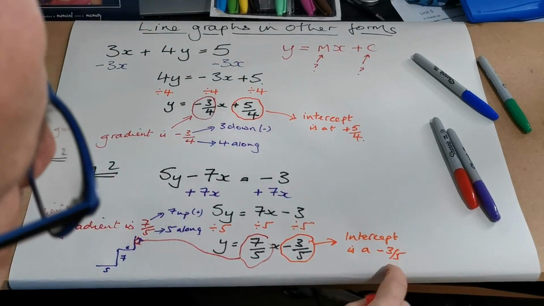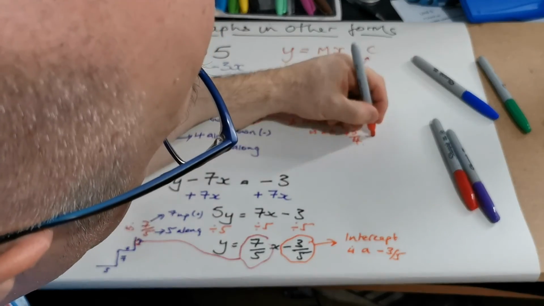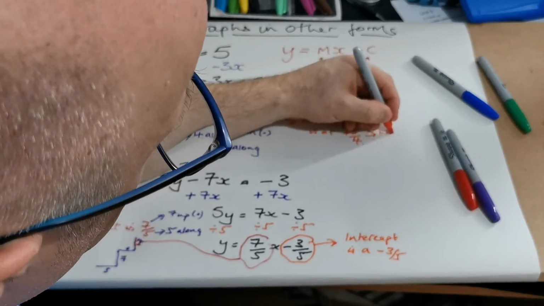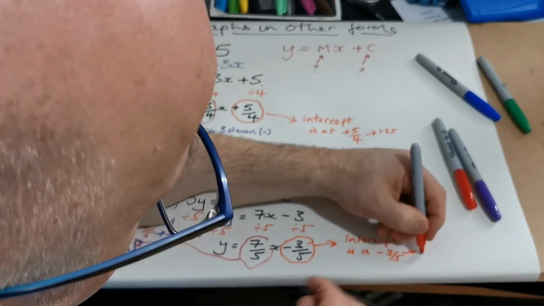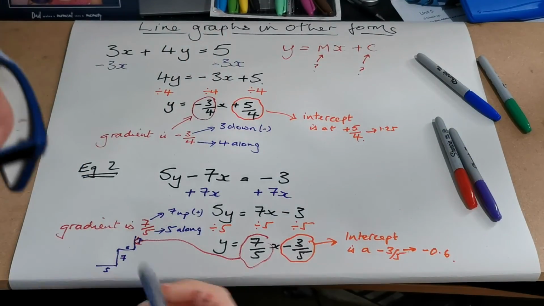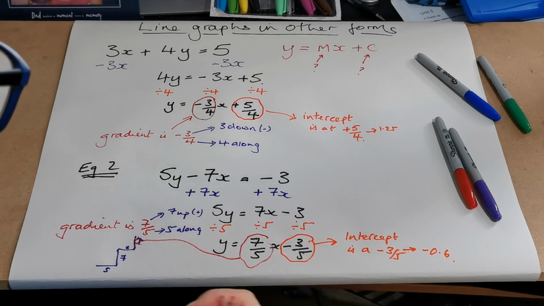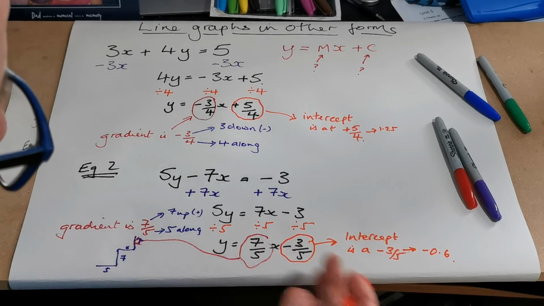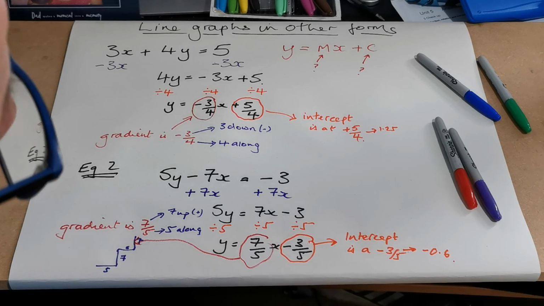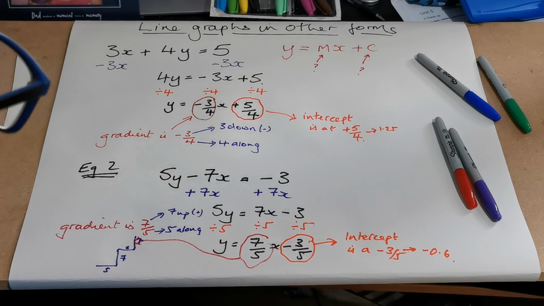Now sometimes you might need to convert that to a decimal so you can see it along the scale. So this one would be 1.25. This one is -0.6. That might help you with plotting. You know I prefer fractions. I think they're so much neater. So unless you would ask to plot these, I wouldn't change them into a decimal. I would just leave them as a fraction.